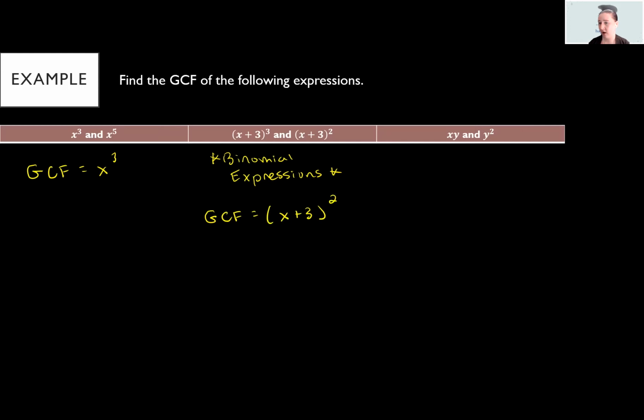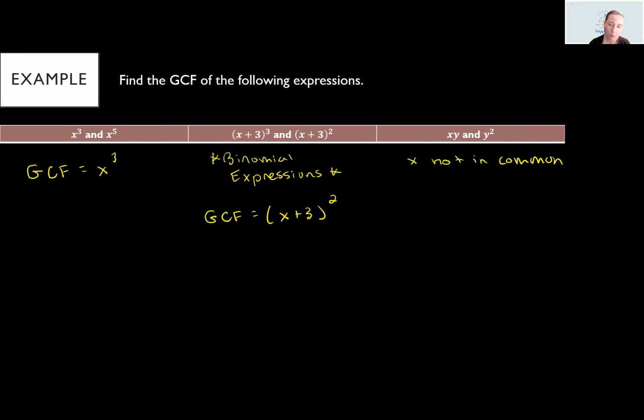So on the right, we've got x, y, and then y squared. First you go letter by letter. So x is not in common, so x is not going to be in the GCF, because it's not in both of them. But they both have a y.